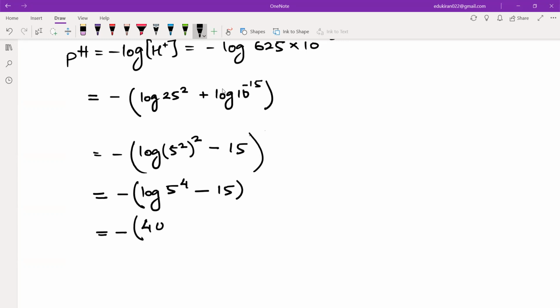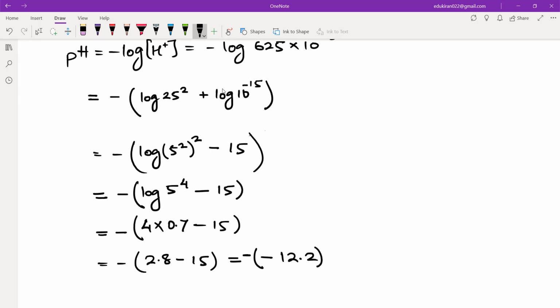What is log 5? 0.7. 7 4s are 28, so 2.8 minus 15, which will be equal to minus of minus 12.2. The minus is outside the bracket, and there is minus inside the bracket. This will be equal to 12.2. Sorry, not 12.5, 12.2. So this is the pH.